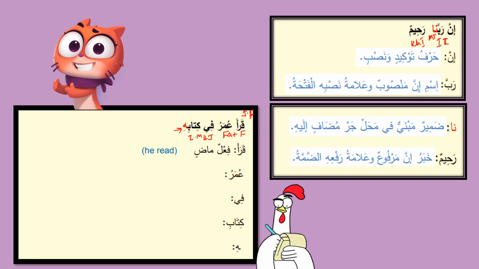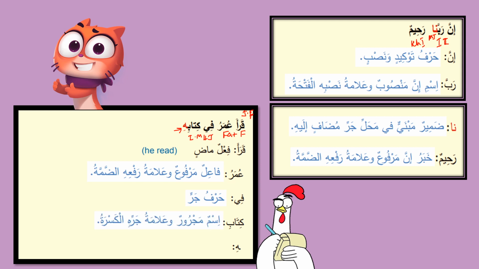So let's do the i'rab. Qara'a, fi'l madi, that means he read. Umar, after the fi'l comes the fa'il, so it's always in the position of marfu. Your i'rab will be fa'ilun marfu'an wa alamatu raf'ihi ad-dammatu. Fi will be harf jar. And what will be the i'rab after the fi? The noun will be in ism majroor position, so your i'rab will be ism majroor wa alamatu jarrihi al kasra because of the harf jar.